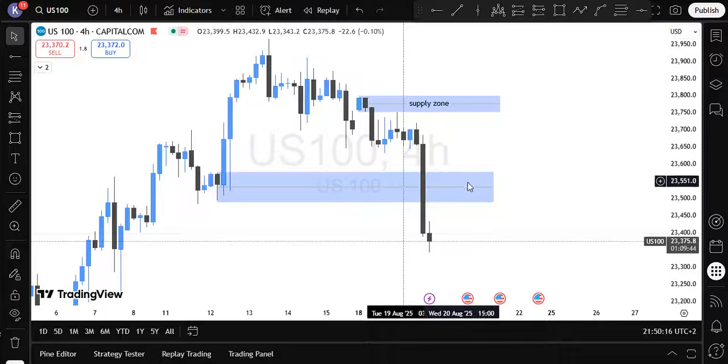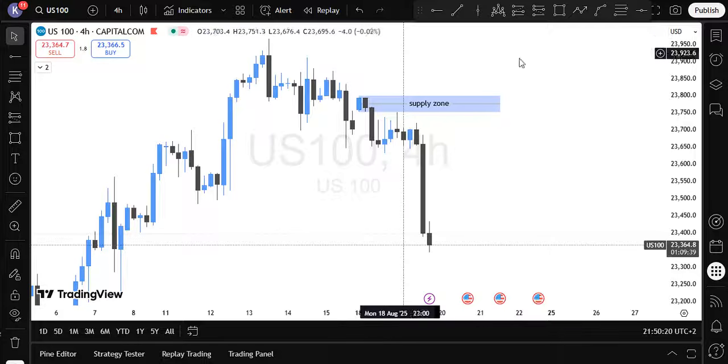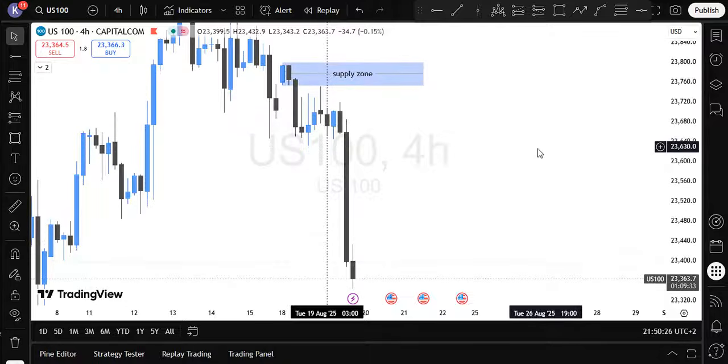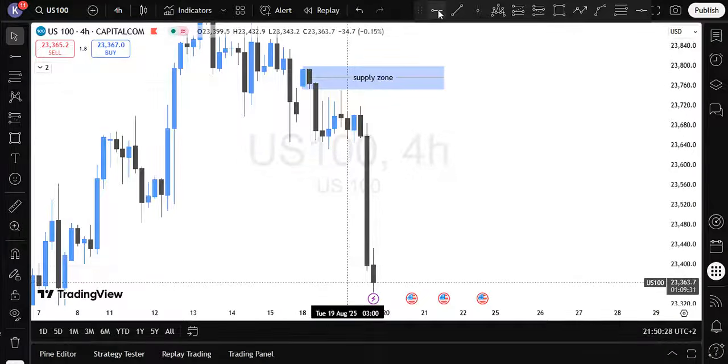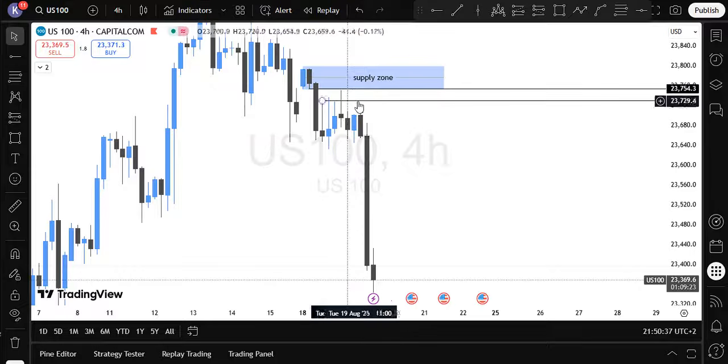So let's get into it, right? So since you are done identifying your key level, and also remember, other people can also use a fair value gap, right? The market also gave you a fair value gap, so it's up to you which one you wanna use, supply or a fair value gap, right?